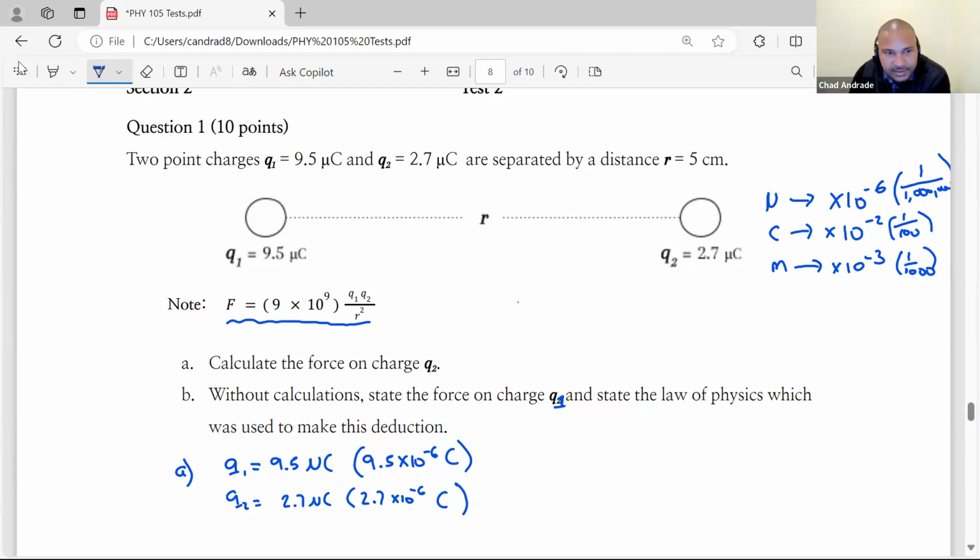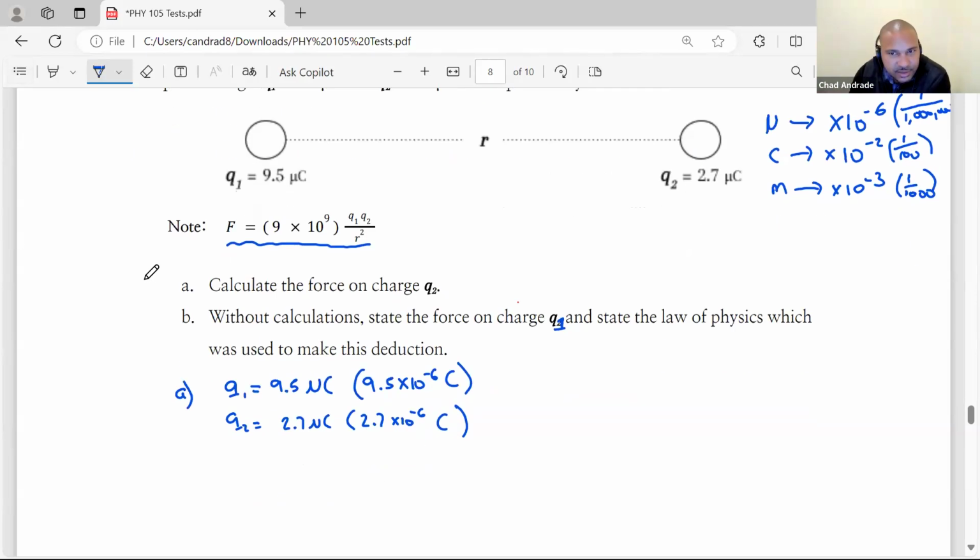And then the distance, I'm going to scroll down just a little bit. It says 5 centimeters. So that's R equals 5 centimeters or 5 times 10 to the minus 2 meters.